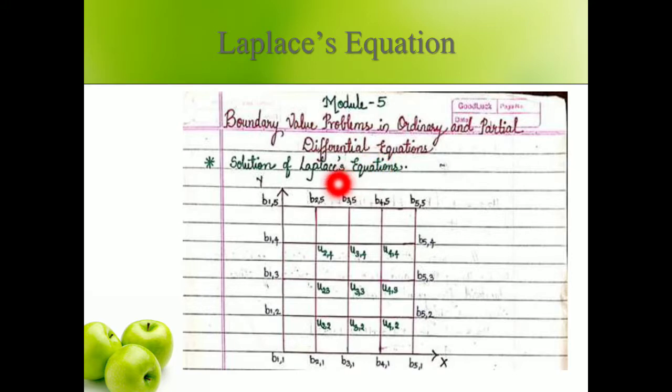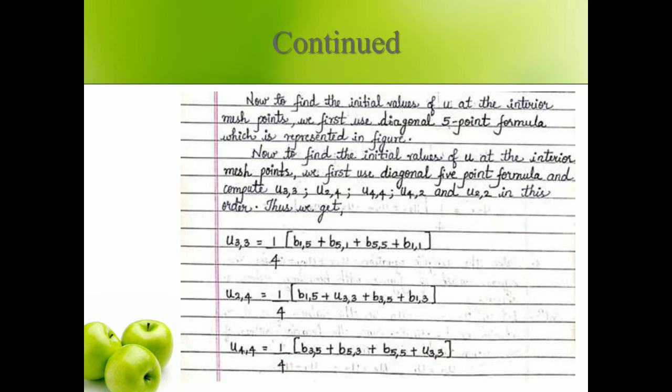At the top you have b25, b35, b45, b55. Then on the right side you have b54, b53, b52. Once you go to the problems, you will clearly understand how to use the mesh.